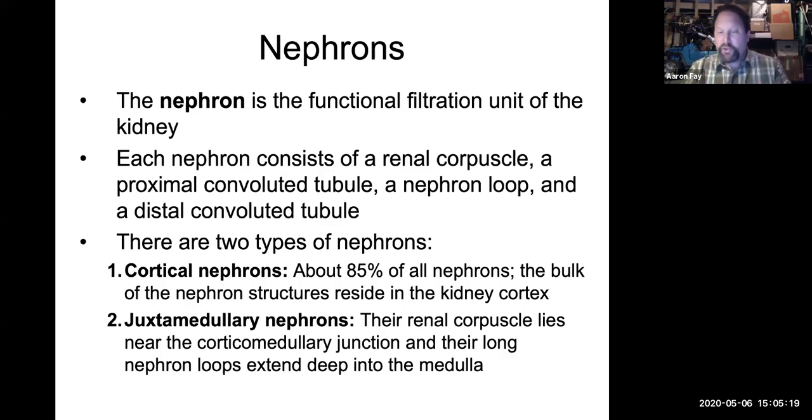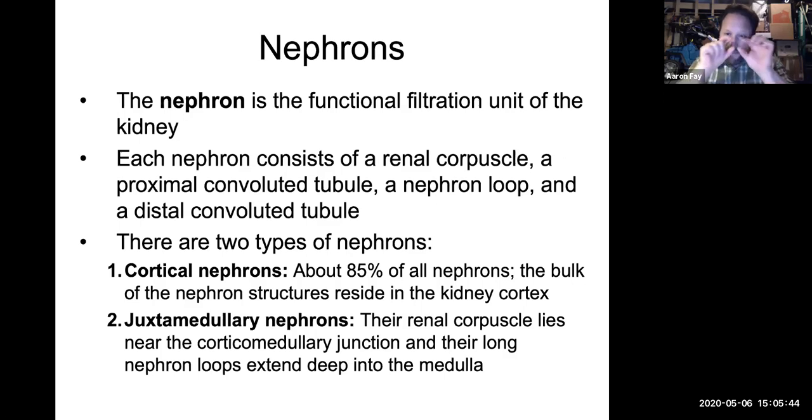There are in fact two different types of nephrons. They're called cortical nephrons, and these make up by far the most common type of nephrons, and they are located almost entirely inside the cortex. Now, some larger and more important nephrons are called juxtamedullary nephrons, and these make up about 15% of your total nephrons.